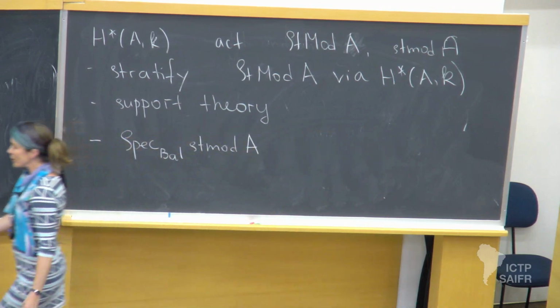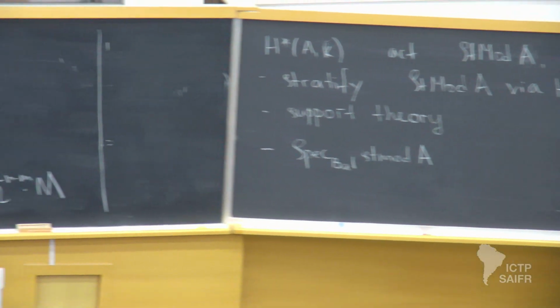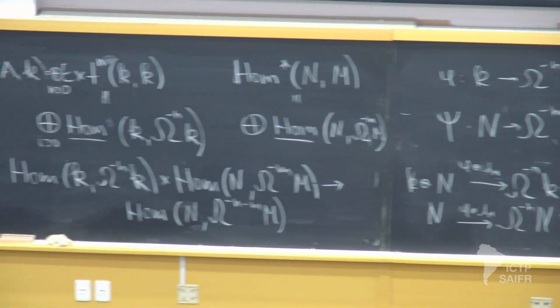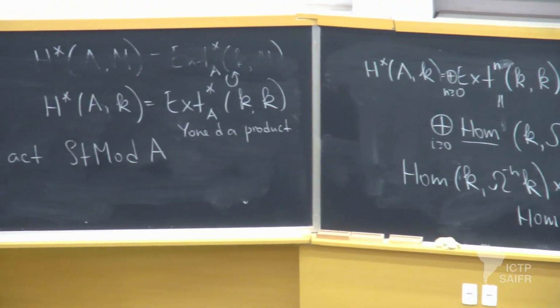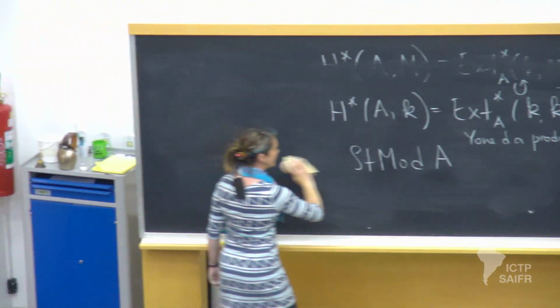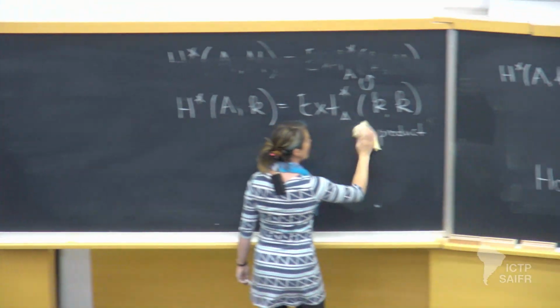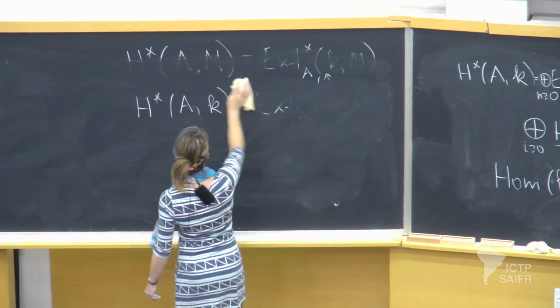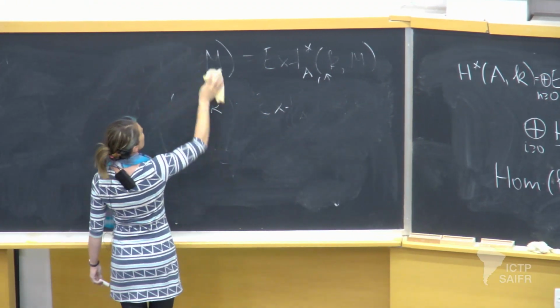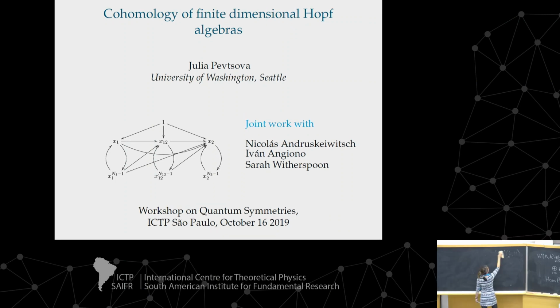But if you try doing this, then the first question you're faced with is how nice is this cohomology algebra? And in particular, you'd like it to be of finite type or finitely generated.